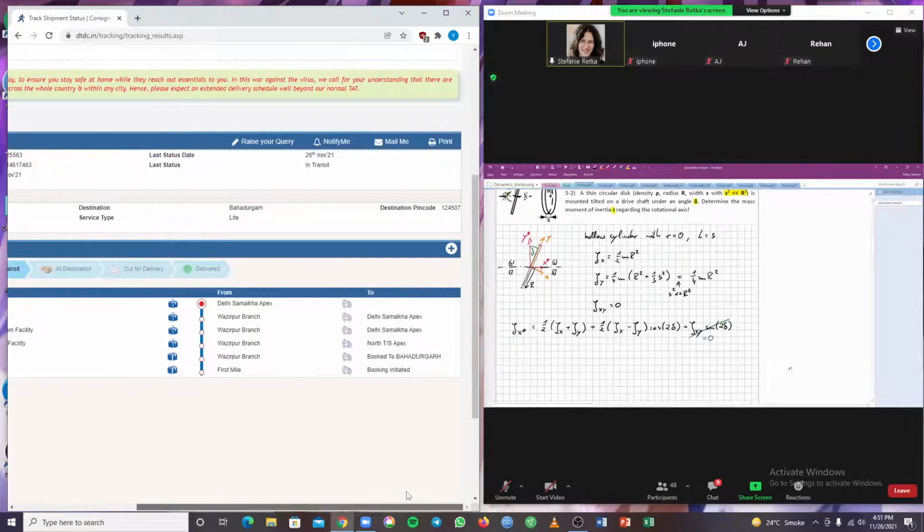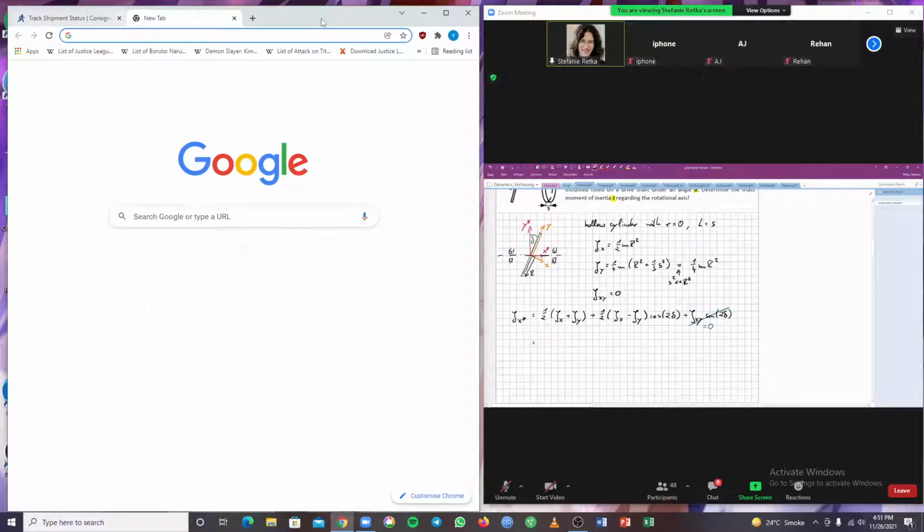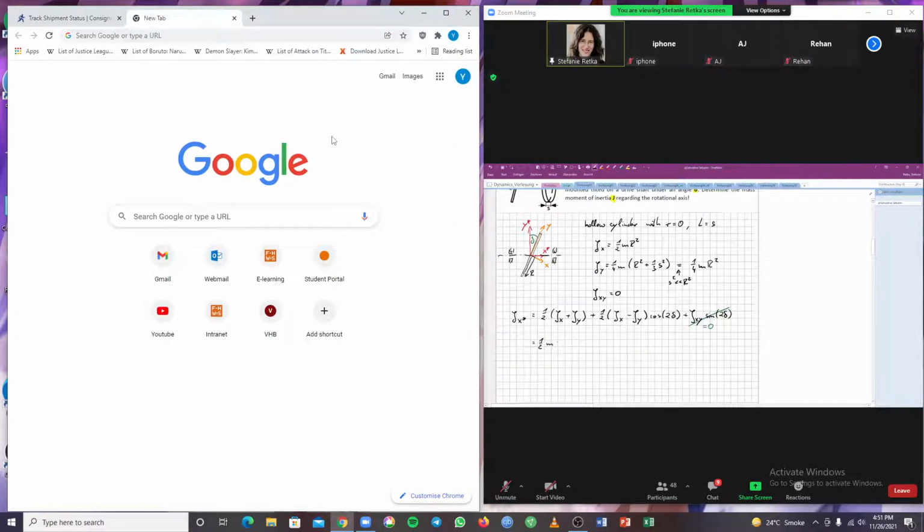And then we can state everything else: 1/2 mass times radius squared, (1/2 plus 1/4) plus 1/2 r squared, (1/2 minus 1/4) times cosine of 2 delta.